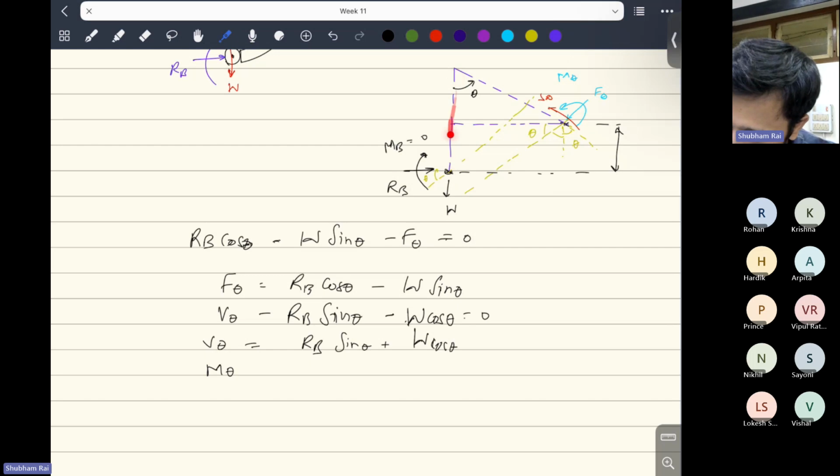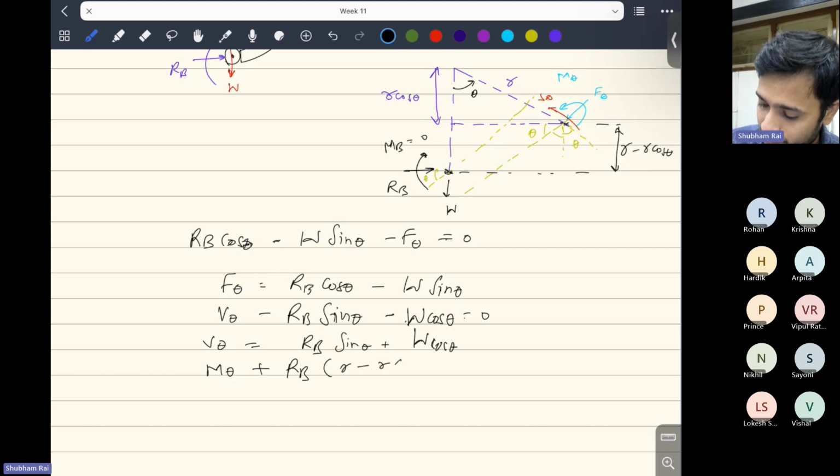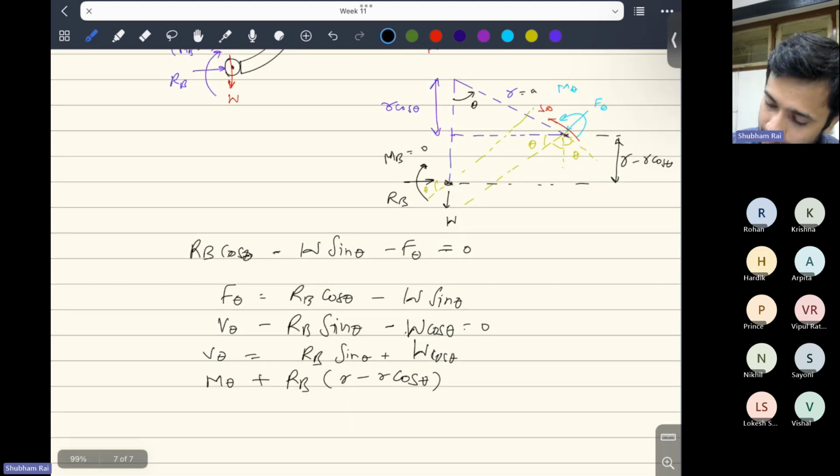You know that this total is the radius, so this length here will be r cos theta, right? So this left length will be r minus r cos theta. The moment of RB will also be in plus z direction. So this will be plus RB times r minus r cos theta. R is equal to a here. Anyway, so now we have MB.